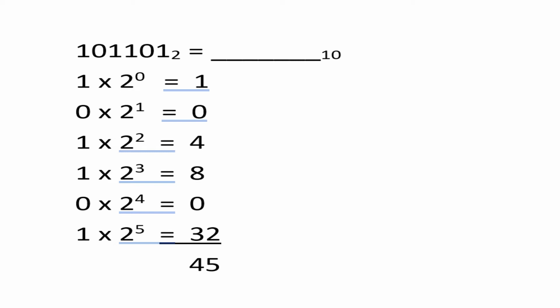You add all: 32 plus 8 is 40, plus 4 is 44, plus 1 is equal to 45. Or you can solve it this way. This technique is faster.